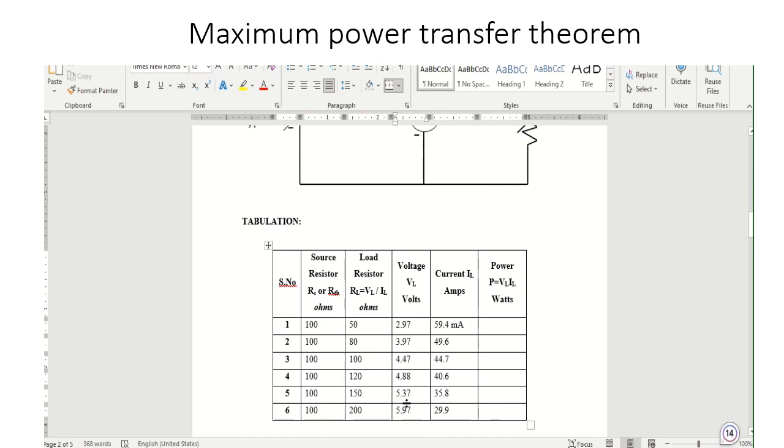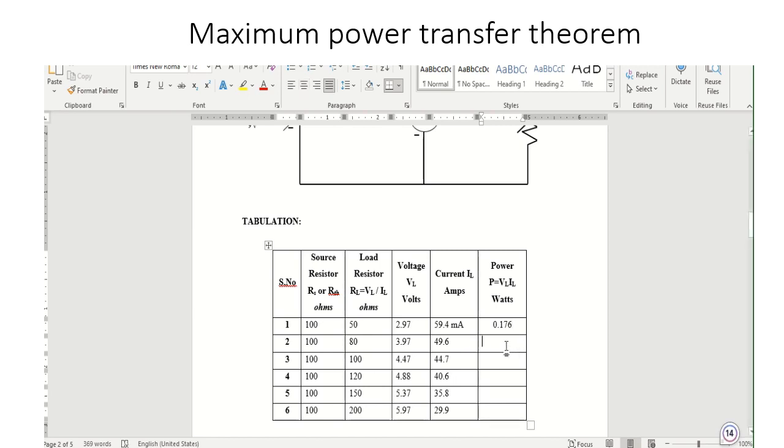Now let's calculate the power. So calculating the power, 2.97 multiplied by 59.4 milliamps gives 0.176 watts.